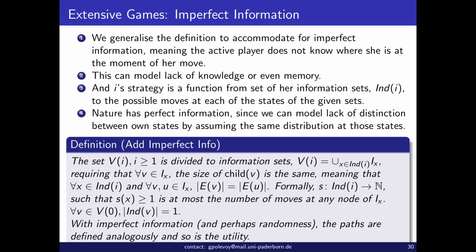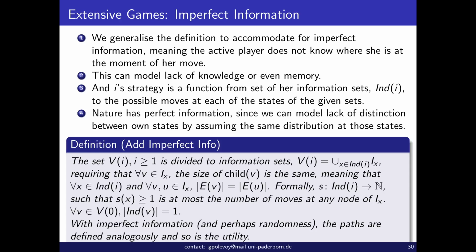Now the nature state, which is used for randomness if you need randomness, has perfect information. If you want to emphasize, you don't need the option of nature being oblivious to how we got somewhere.